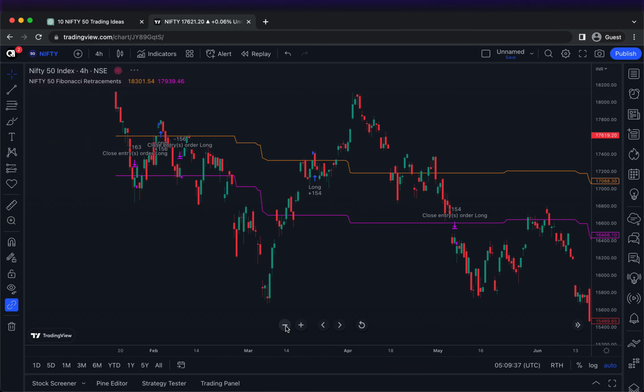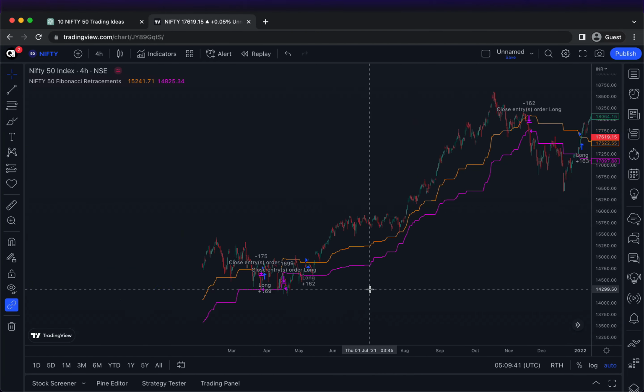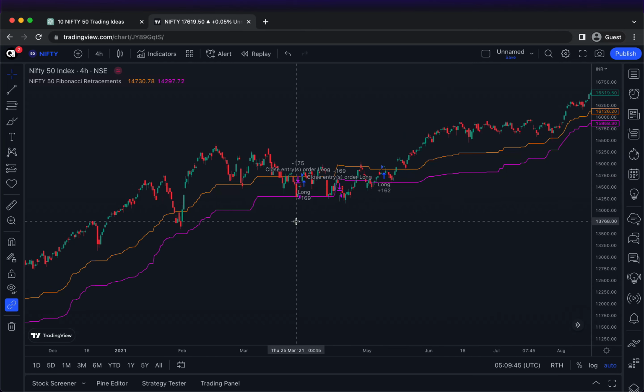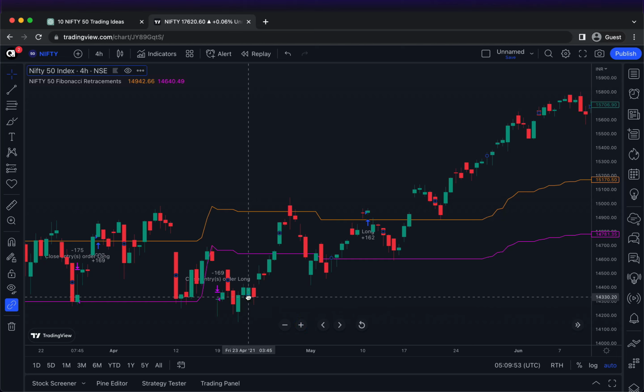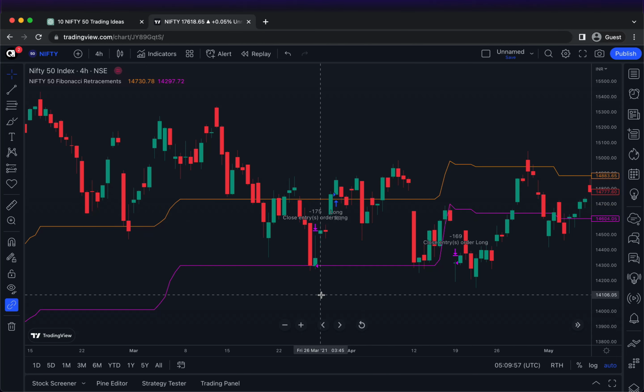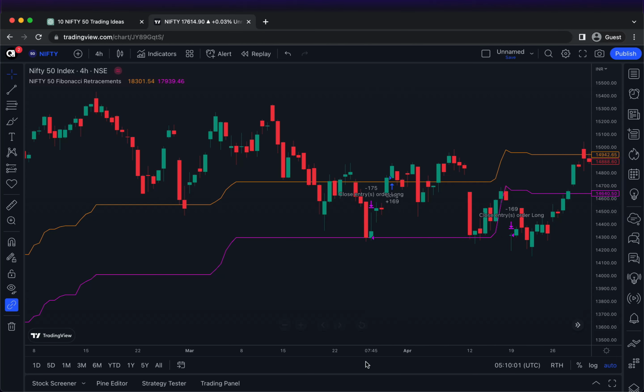Okay, so the profitability is 170%, and you see those Fibonacci lines. When we're crossing the purple line or pink line, we are buying, and when we're crossing the orange line, we are selling.